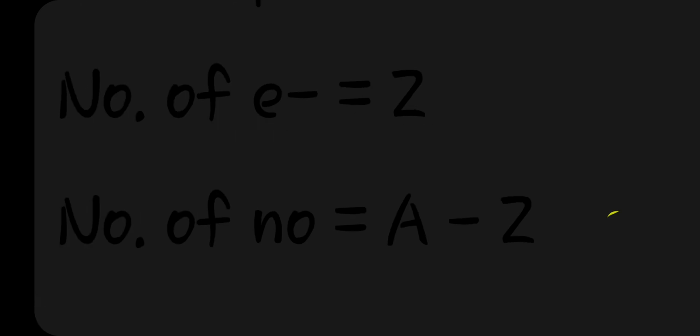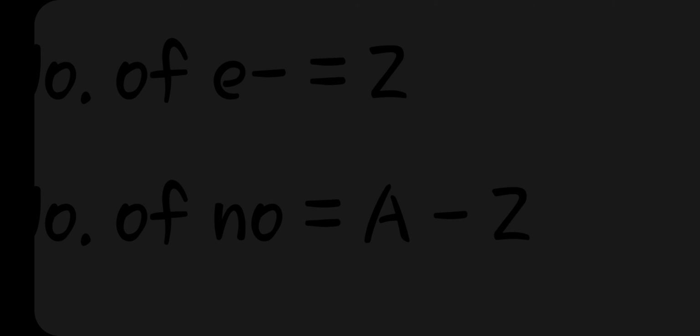The same with the number of electrons, it is equivalent to the atomic number of an element. And the number of neutrons is equal to the mass number subtracted by the atomic number.